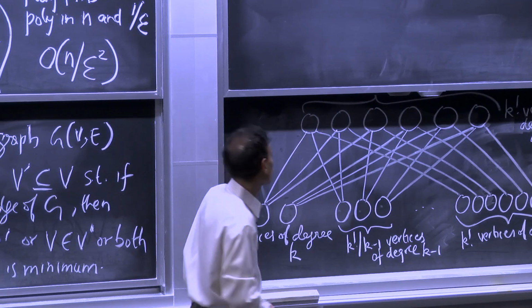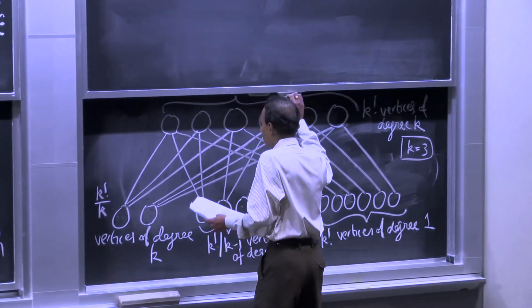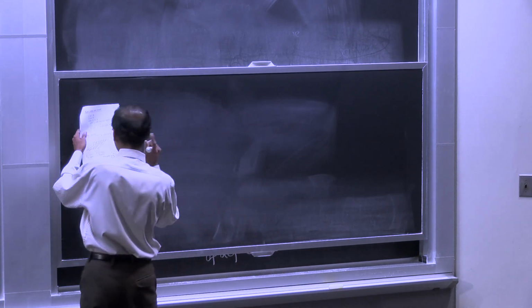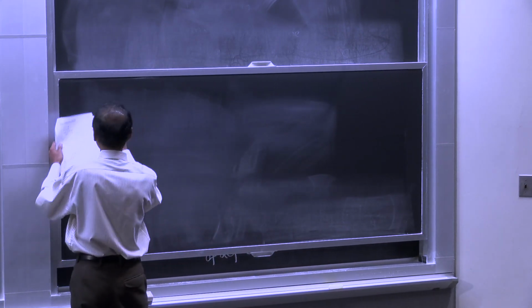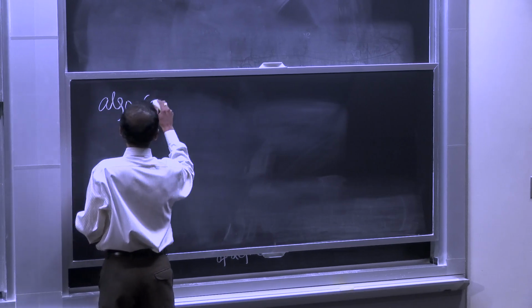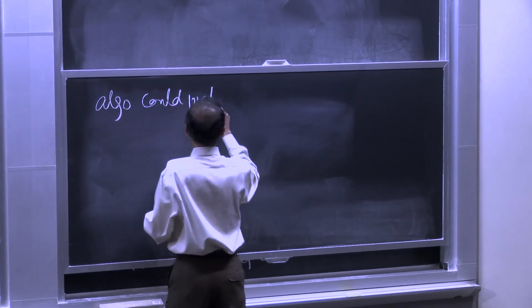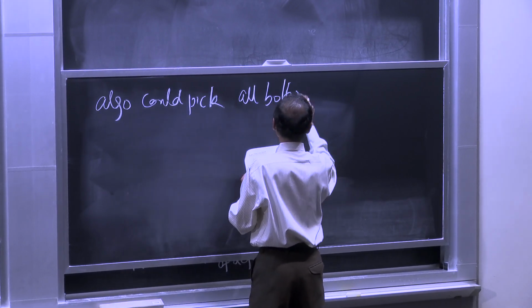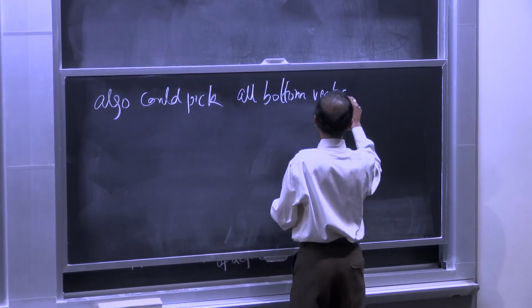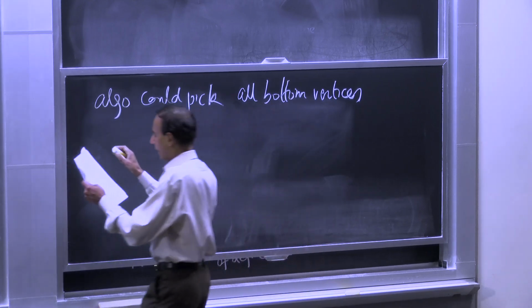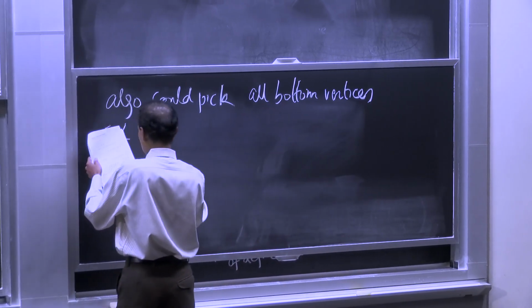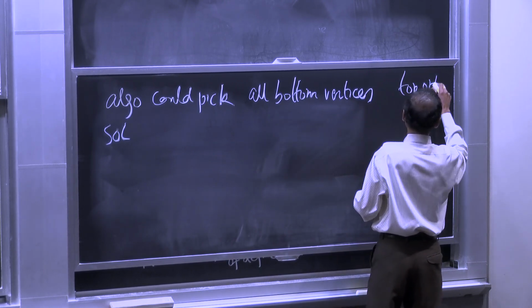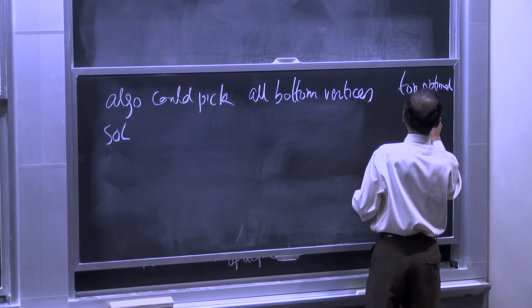So if you do the math really quickly, and this is where I'll correct what I said before, the algo could pick all the bottom vertices, and the solution with the top vertices is optimal.